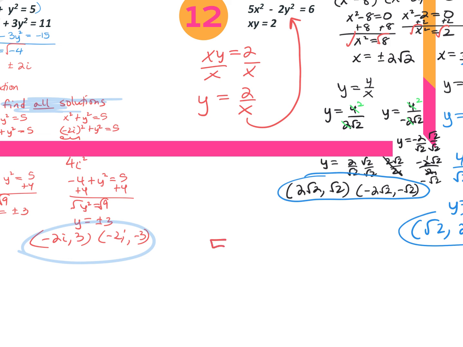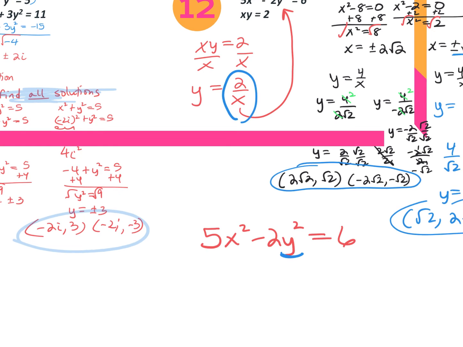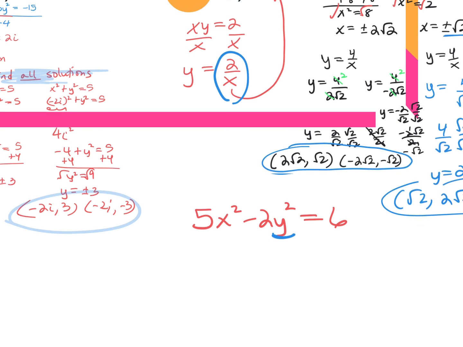So my first equation is the 5x squared minus y squared equals 6. I'm substituting, I'm taking out the y squared, and I'm going to put in 2 over x. So take out that and put 2 over x and square that equals 6.